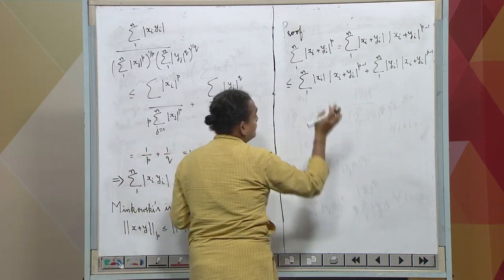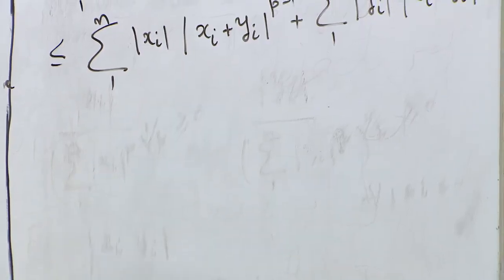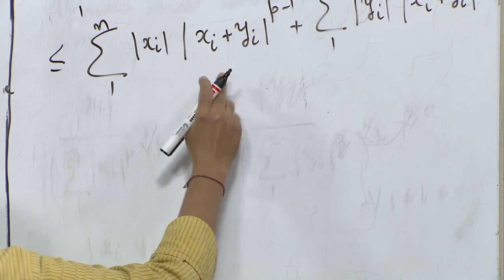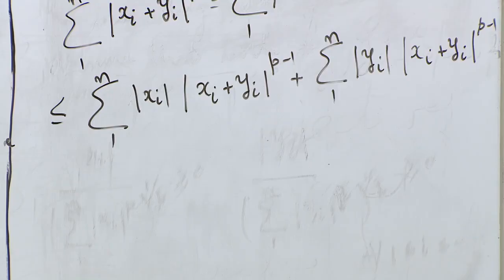So, now the sequences that we have, one is x, the other one is x plus y, right. But x plus y, well you have, so the terms are xi plus yi raised to the power p minus 1.